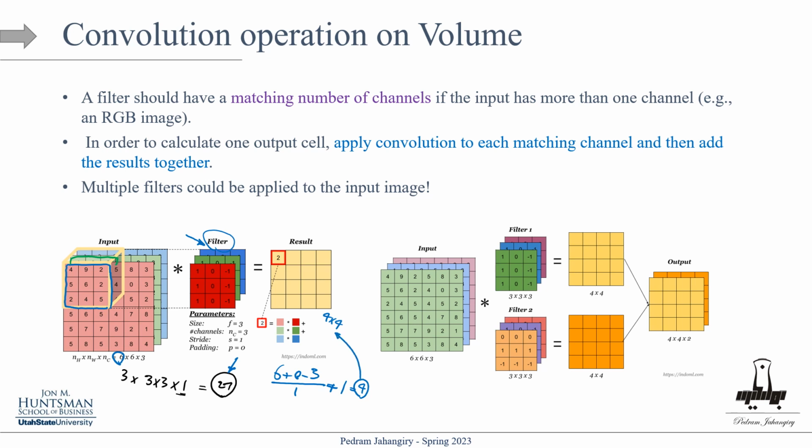Now let's stack a bunch of these filters. Let's use the same input image, 6 by 6 by 3. These are the number of channels. Each filter needs to have 3 channels. So how many parameters do we have? At each channel of the filter we have 3 by 3, we have 3 channels, and now we have 2 filters, filter number 1 and filter number 2.